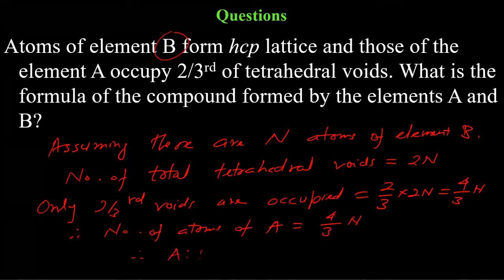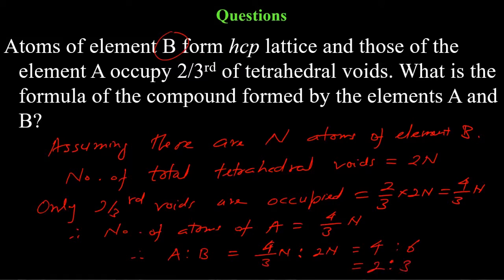Hence A is to B equals 4 by 3 n is to 2n, that is 12 is to 6, that is 4 is to 6, that is 2 is to 3.